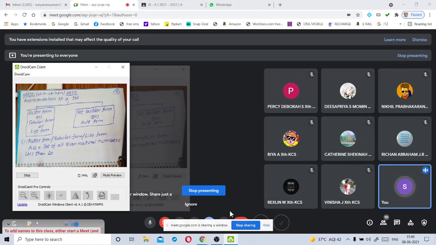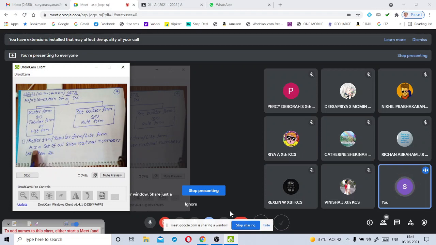Can you read this question, my dear Ria? Yes, sir. A is the set of all even natural numbers less than 20. So this is a set given in the form of a sentence.